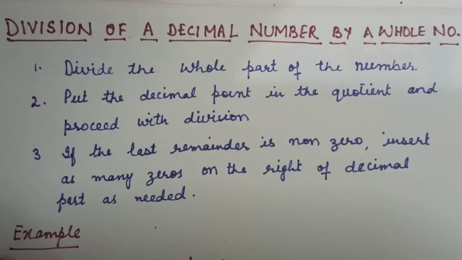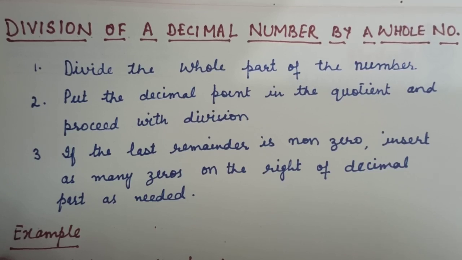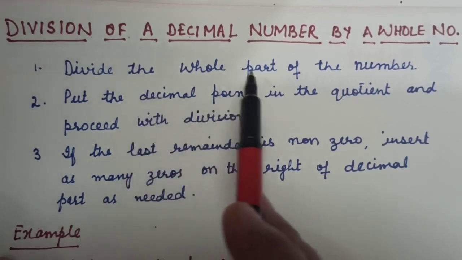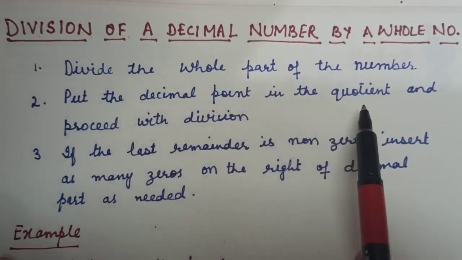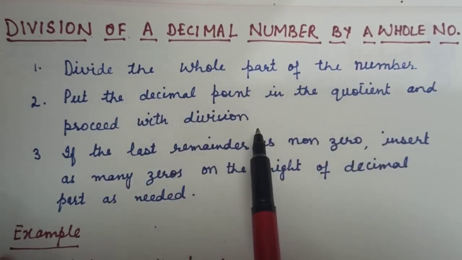Next we have division of a decimal number by a whole number. As we all know, towards the left of the decimal point is the whole part, and the right of the decimal point is the decimal part. So when we divide a decimal number by a whole number, first of all, we divide the whole part of the number, then put the decimal point in the quotient and proceed with the division.